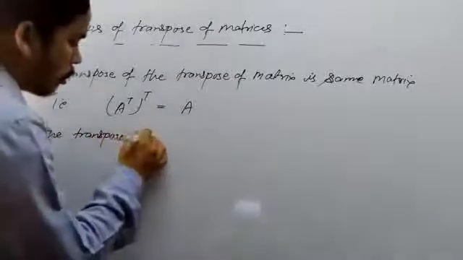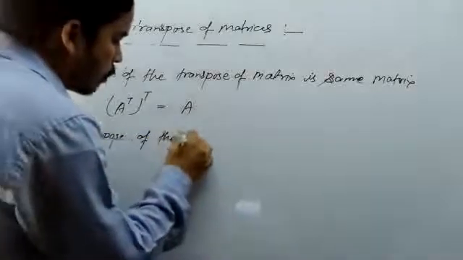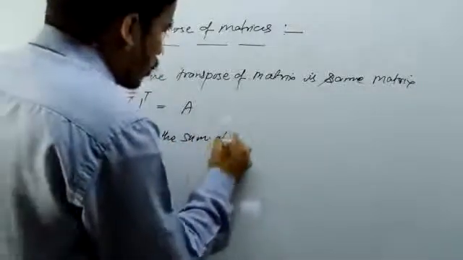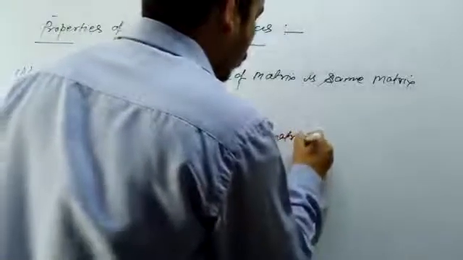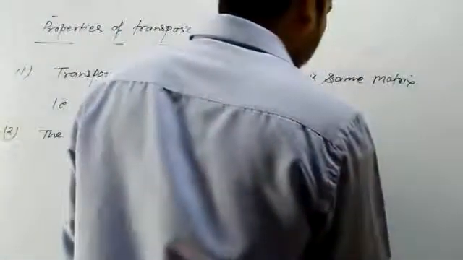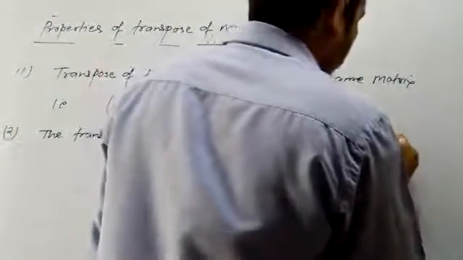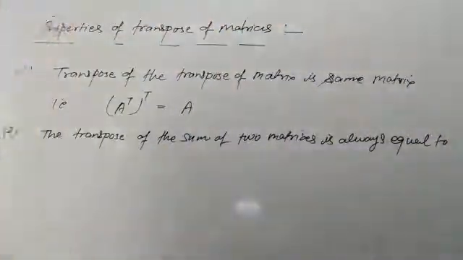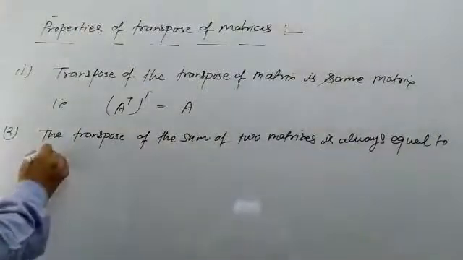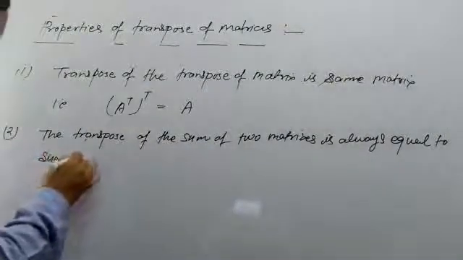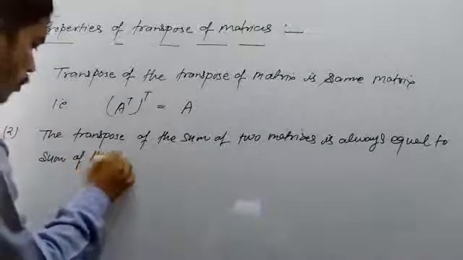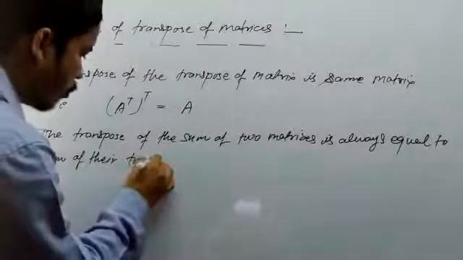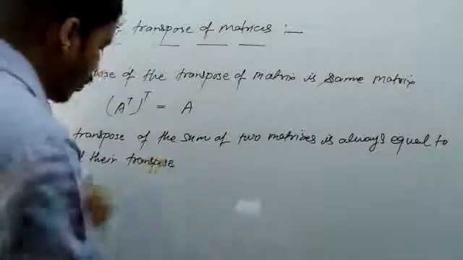The second property is the transpose of the sum of two matrices is always equal to the sum of their transposes.